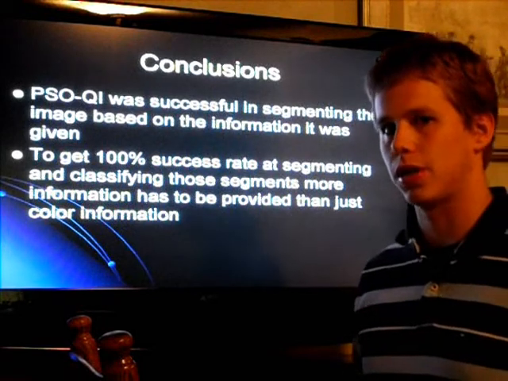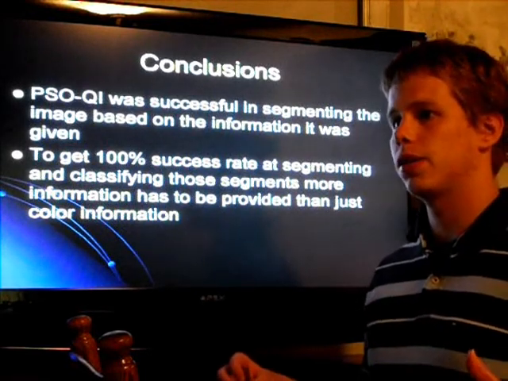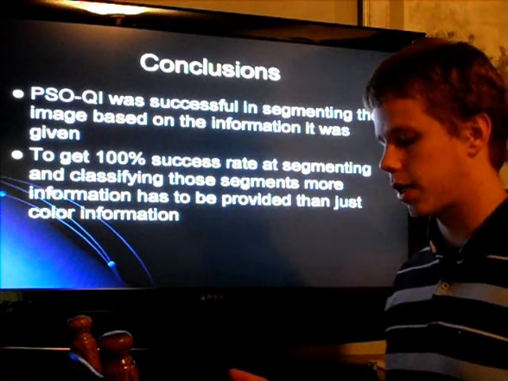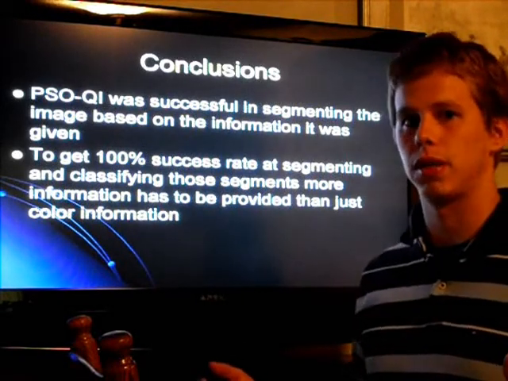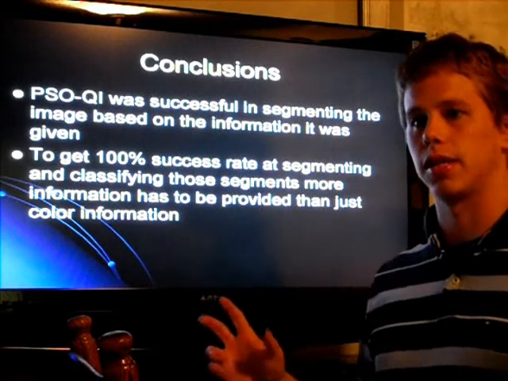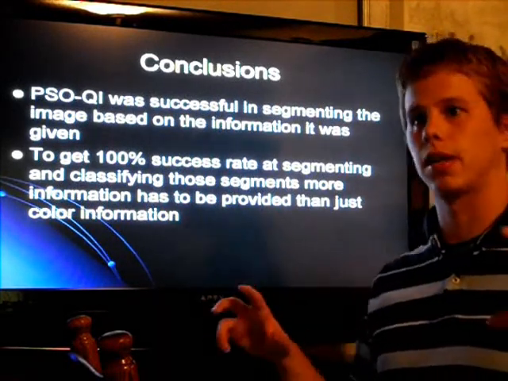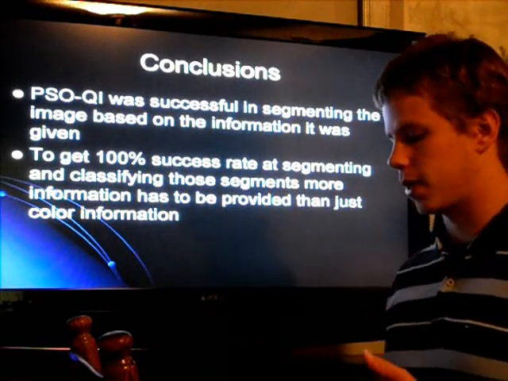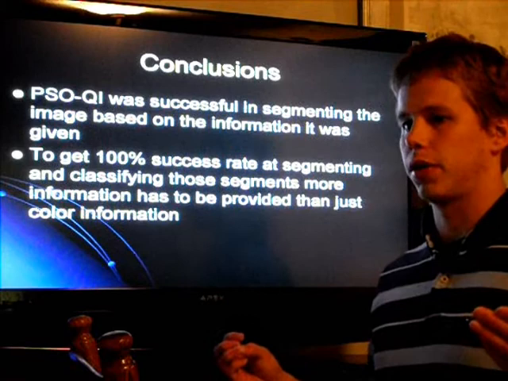So conclusions are that the PSOQI was technically successful in segmenting the image based on the information that was given. Unfortunately, it didn't exactly segment the image how in reality it should have been segmented, but that's because it was only given color information.